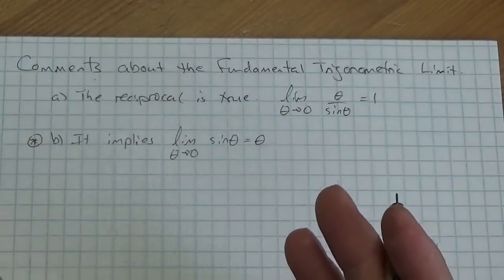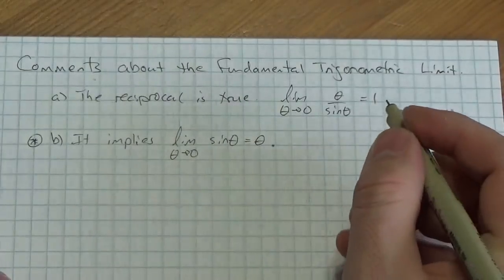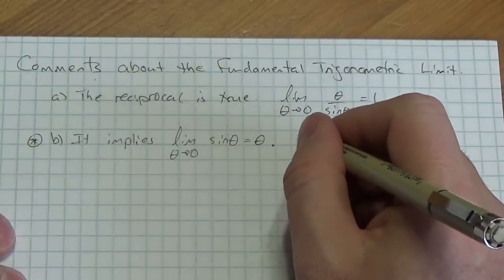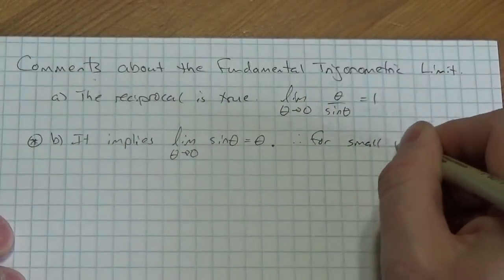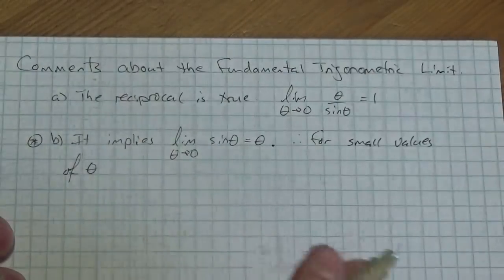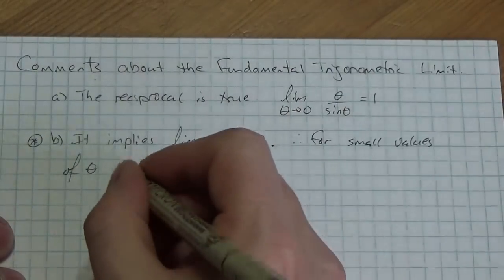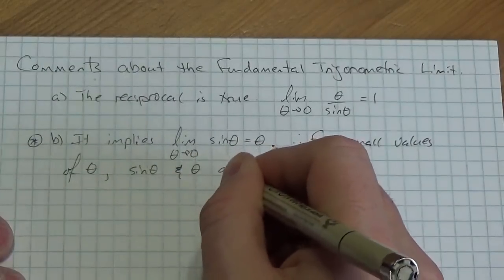That is an idea that actually gets used in physics. You'll see that used in optics. What this means is that, for small values of theta, and it has to be really small values of theta, sine theta and theta are interchangeable.